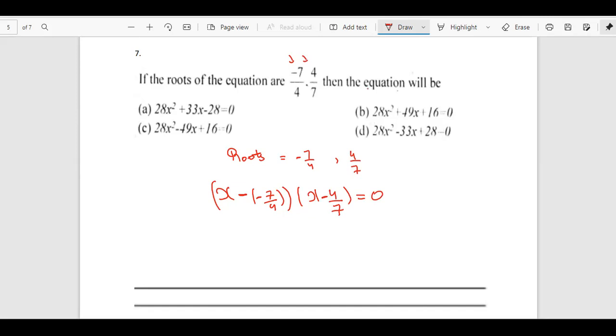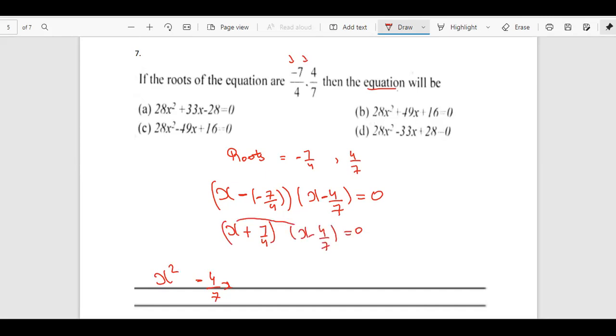Since we have to find the equation, I will expand it.